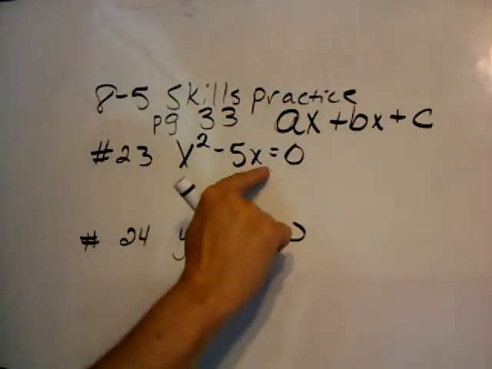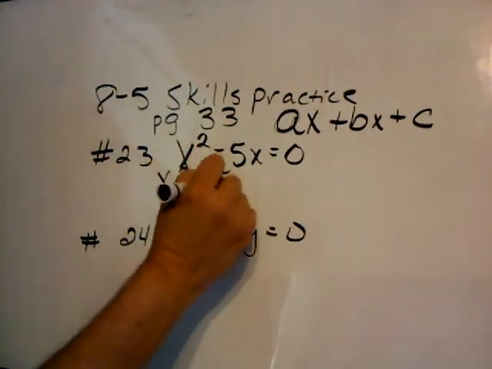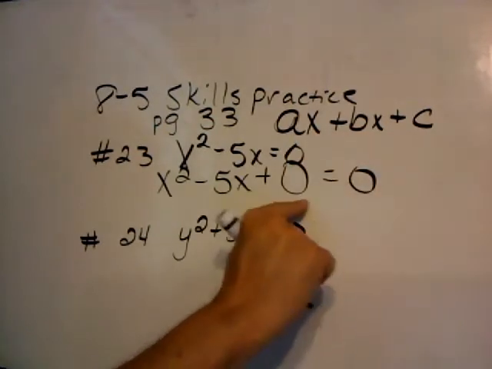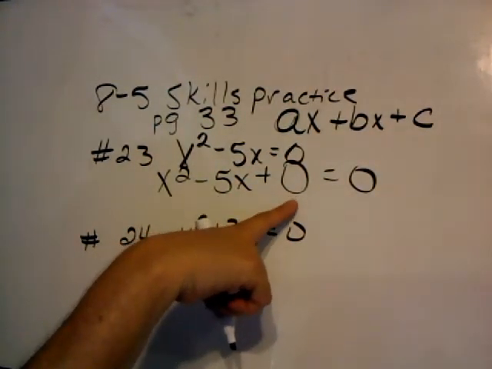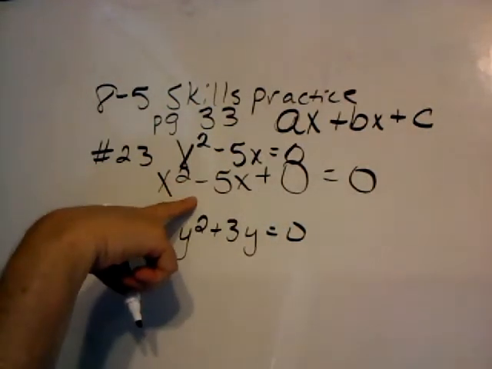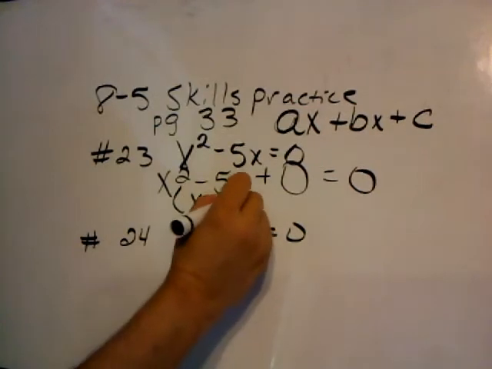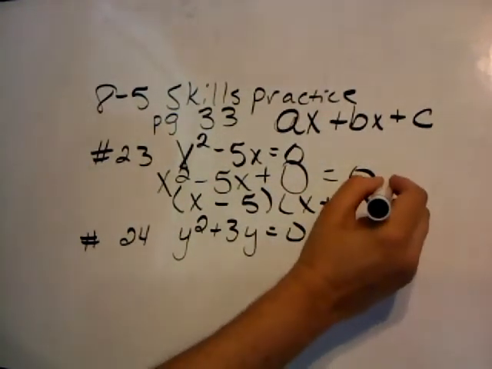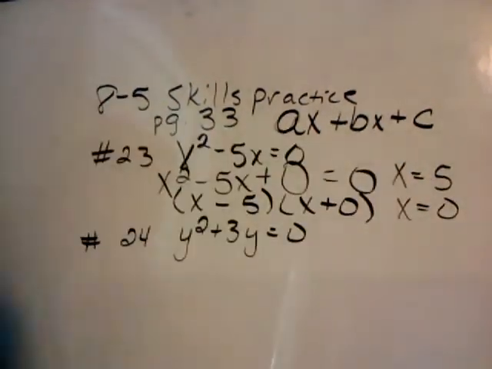We do not have a c part. So if we don't have that part, that means it's equal to nothing. It's not there. So I can think of two numbers. When I multiply them, I get 0, and when I add them, I get negative 5. And that would be x minus 5 times x plus 0. And that would give me my answer of x equals 5 and x equals 0.